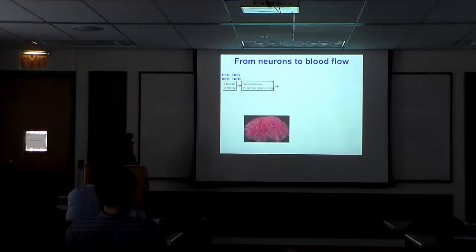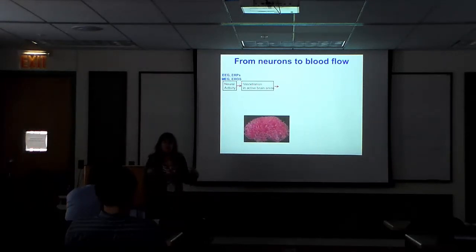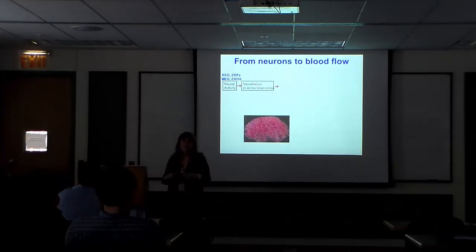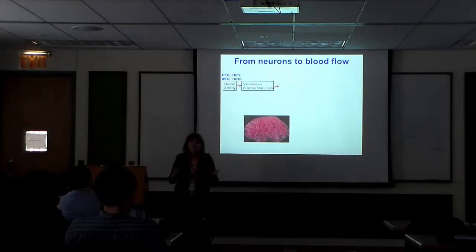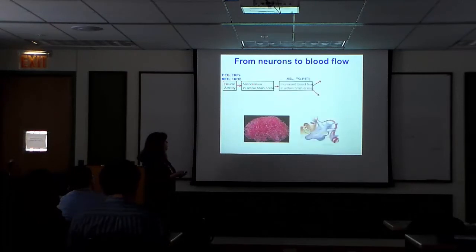Of course, though, the brain is highly vascularized, as we have seen in the previous talk, and when the brain is active, there is also vasodilation in active brain areas because of blood flow to those areas. First there is an anaerobic response. The neurons respond without oxygen, but then they need oxygen, and so more oxygen flows to those areas.